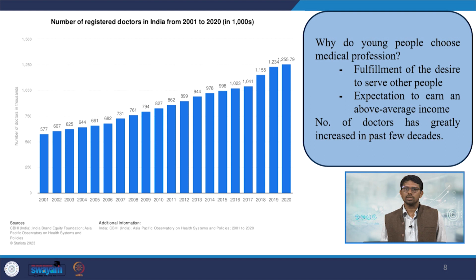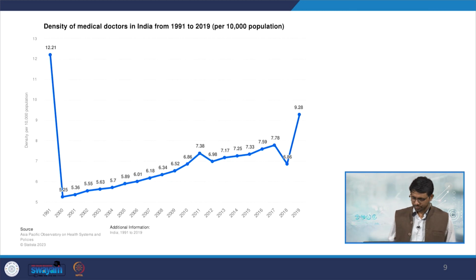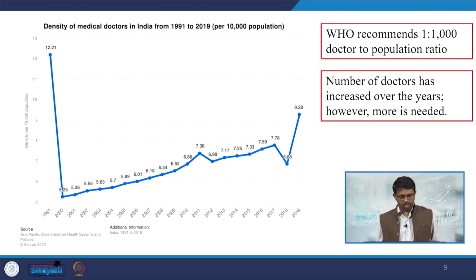The number of doctors has greatly increased in past few decades. However, given the standard ratio as prescribed by WHO, India is still falling short. Here we are mentioning the density of medical doctors in India from 1991 to 2019 per 10,000 population, from the same source.